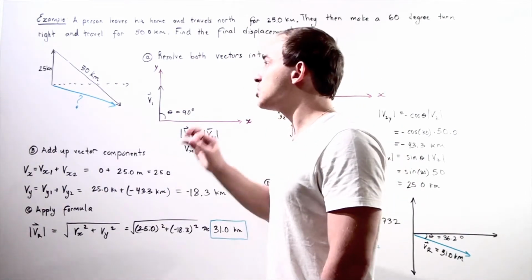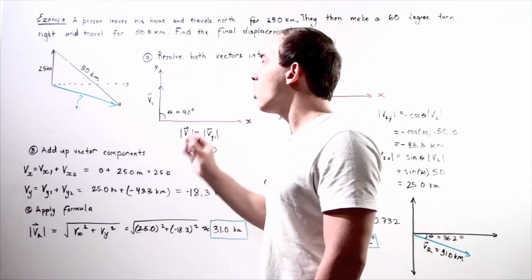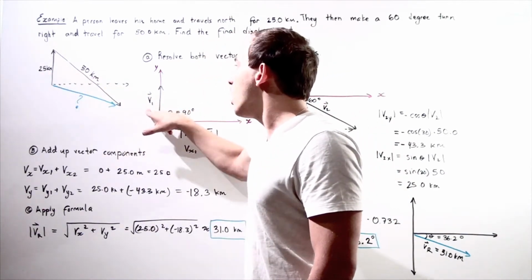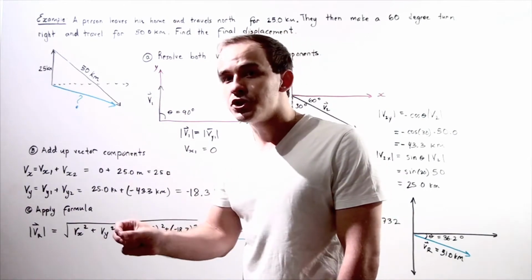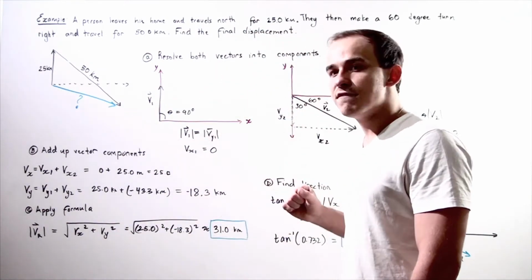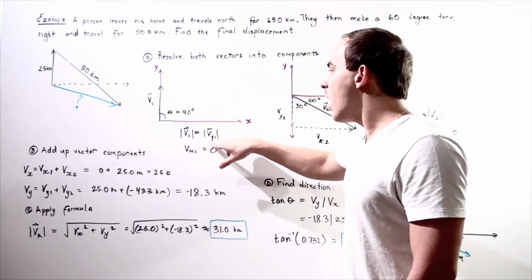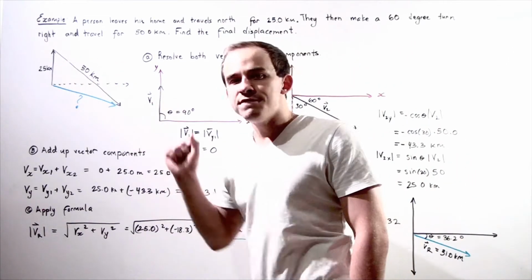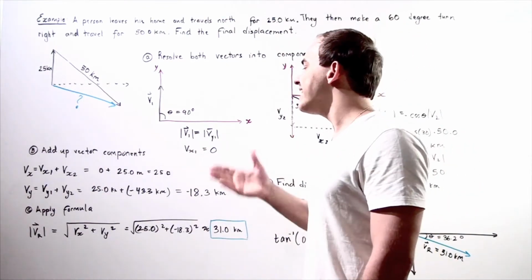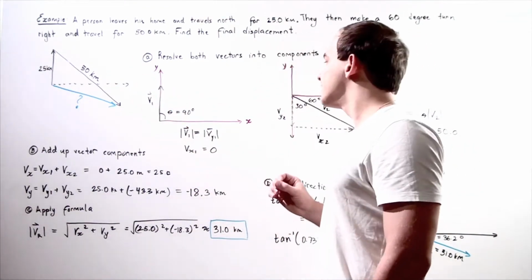And since our person only moves upward along the y-axis, that means my vector v1, the magnitude and direction, is equal to the y component of that vector. So Vy1 is equal to 25.0 kilometers. And Vx1 is equal to 0 kilometers.